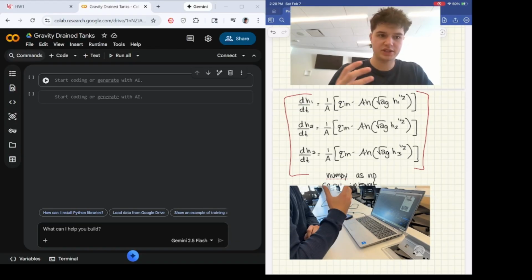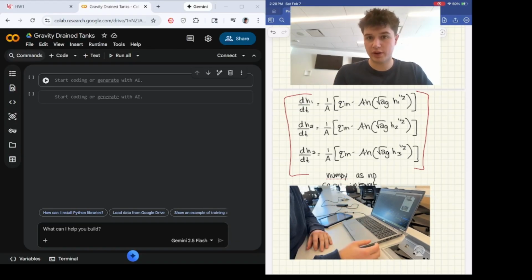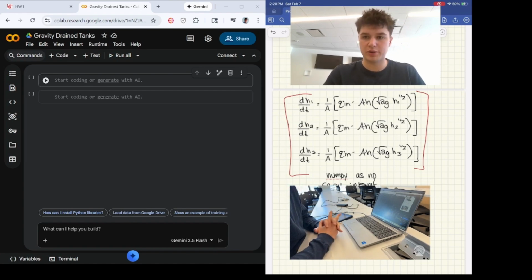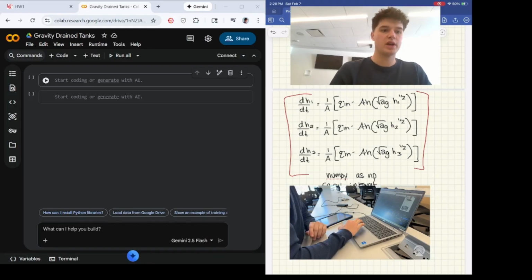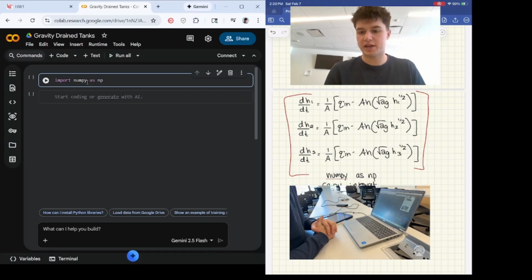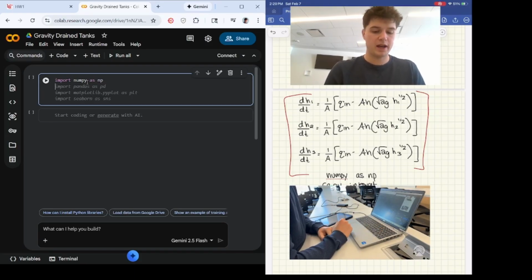So next, we are going to, as I said before, import all of the functions or libraries that the actual Google Colab and code is going to need to perform the calculations that we have derived in these equations. So the first one that we're going to do is import numpy as np. This will do most of your arithmetic that the code will need help with.